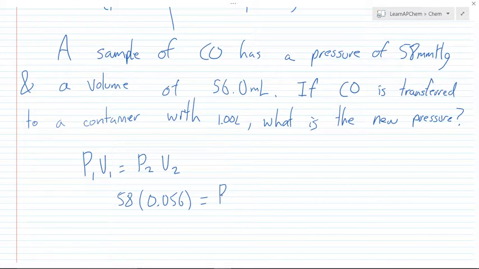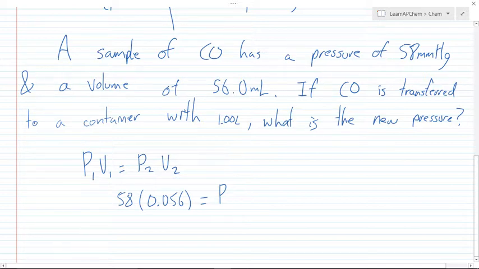You didn't state it's at STP, that's why I began with PV equals nRT. It actually doesn't matter what our temperature is or what the number of moles are in this problem, because these are proportional regardless.